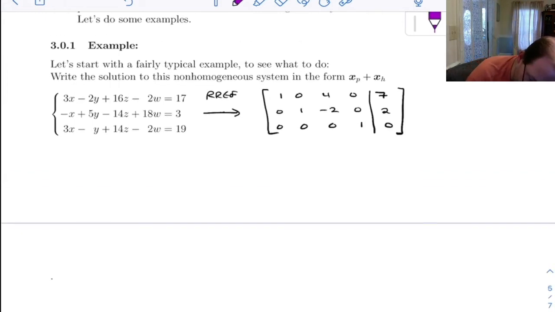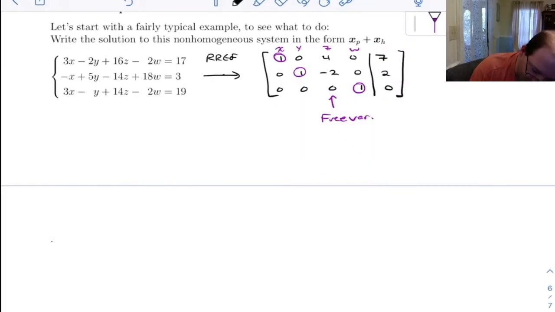Now we've got X, Y, Z, and W. I'm going to circle my leading ones and point out my free variable. So let's write this as a general solution.